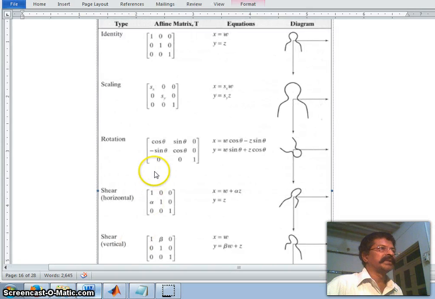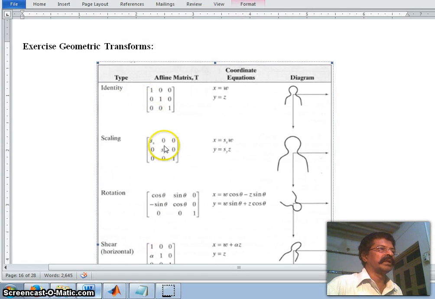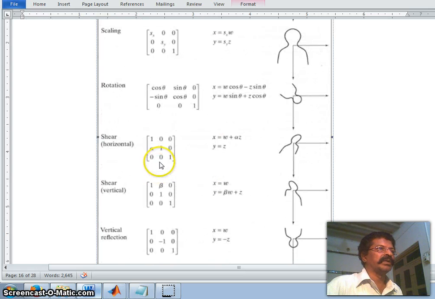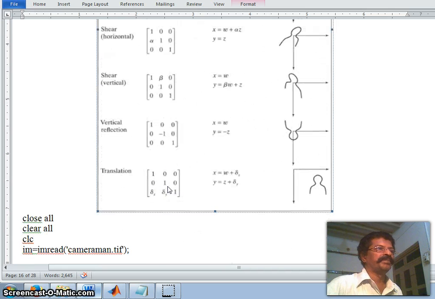So this completes almost all the things where we can have scaling, clockwise or anti-clockwise rotation, shearing along the x or y direction. You can form a mirror reflection either vertically or horizontally by making this -1 or this -1, and you can shift along x and y using delta x and delta y.